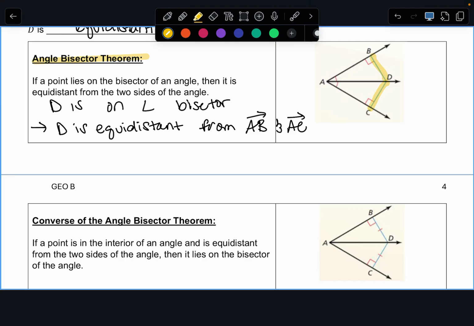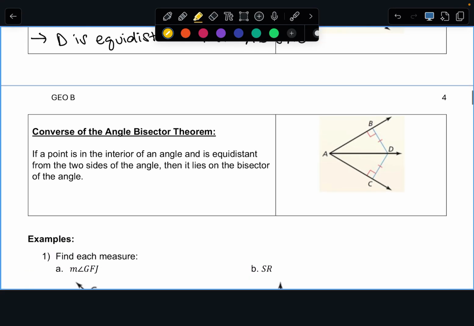The converse is also true. So again, on your cheat sheet, don't put both of them. Just write down converse is also true.